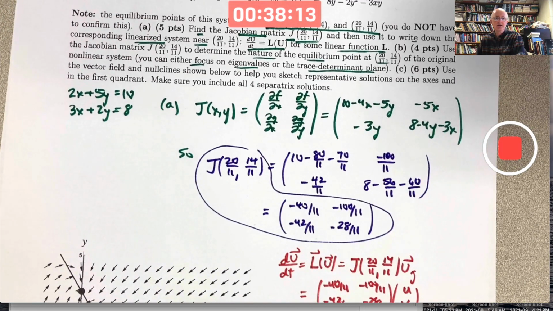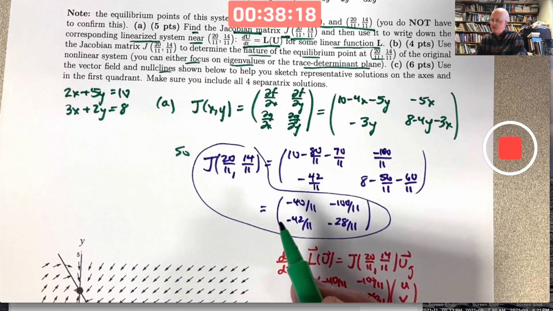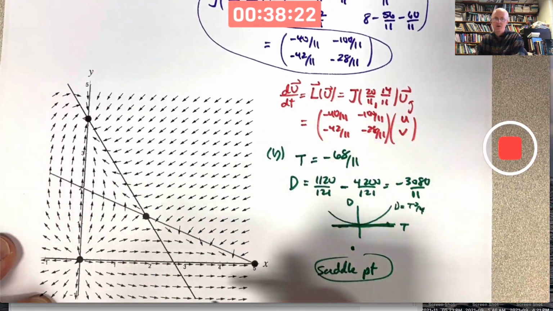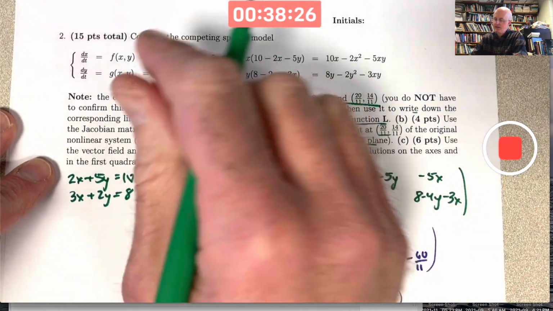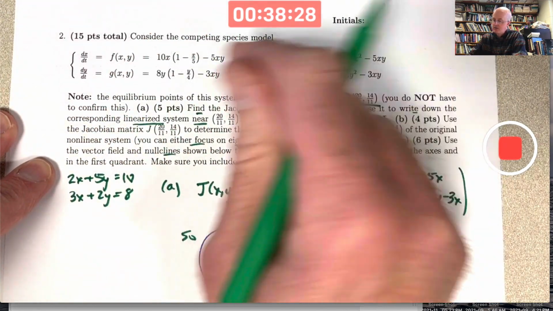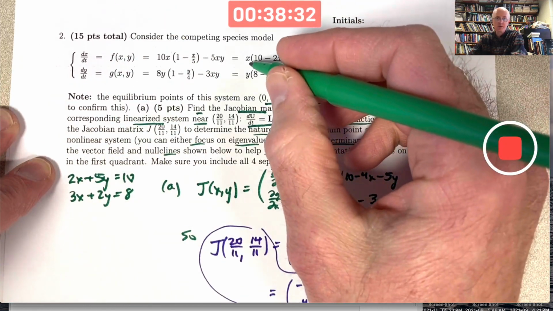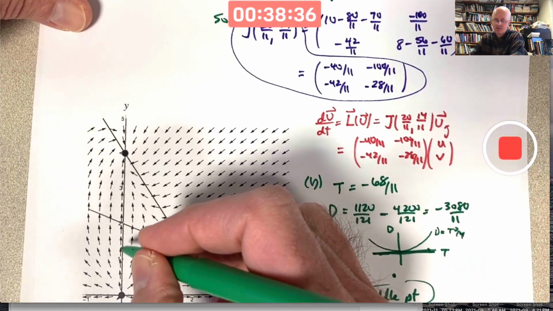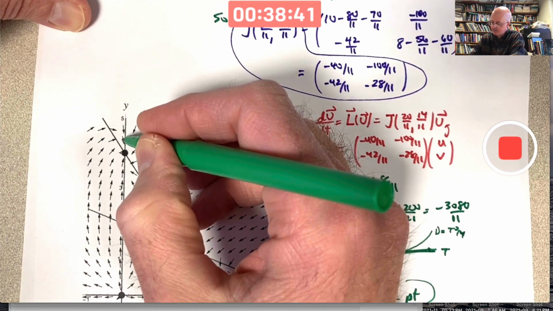Part C: use the vector field and the null lines to help you sketch some representative solutions. Yes, these lines that I drew in here are null lines. They come from setting dx/dt and dy/dt equal to 0. The x null line is where dx/dt is 0, which is either at x equals 0, the y-axis. Notice along the y-axis, the vector field is vertical, going up here, and going down here and over there.